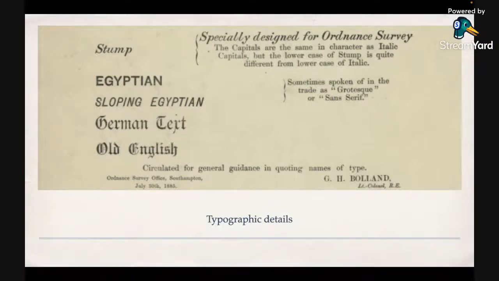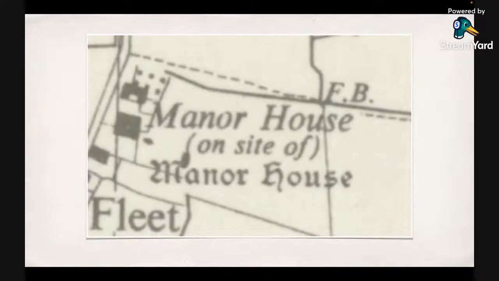And this code is simple and straightforward, and it enables masterpieces like this one. There are hundreds of examples like that in the Ordnance Survey map, where it says that there is a new manor house on the site of a Norman manor house. And please notice that this sentence would have absolutely no meaning without the use of the font.